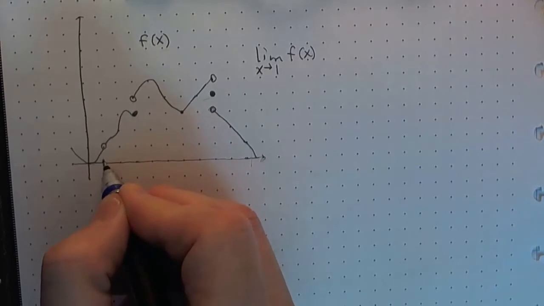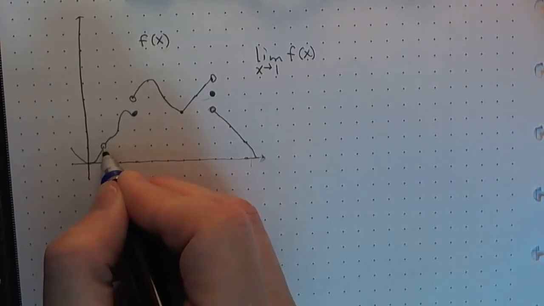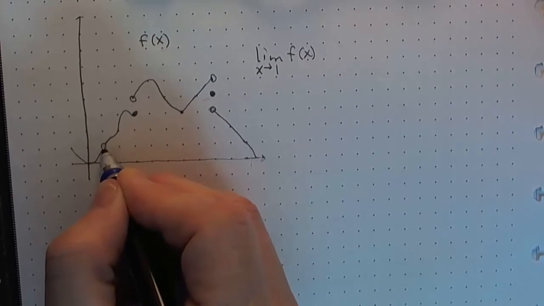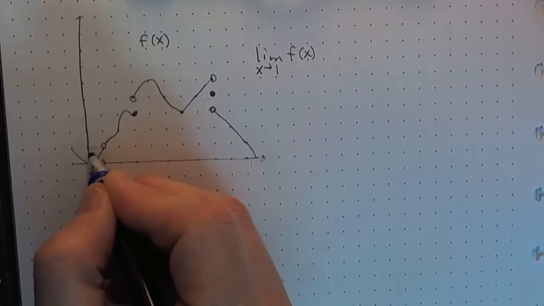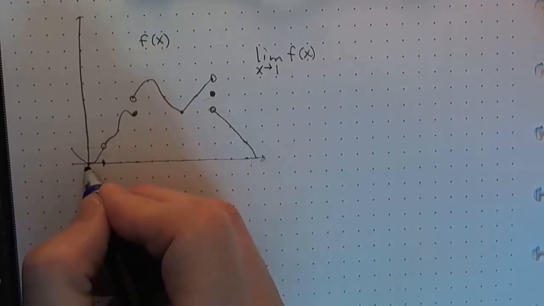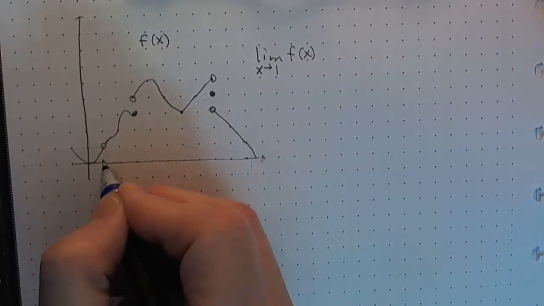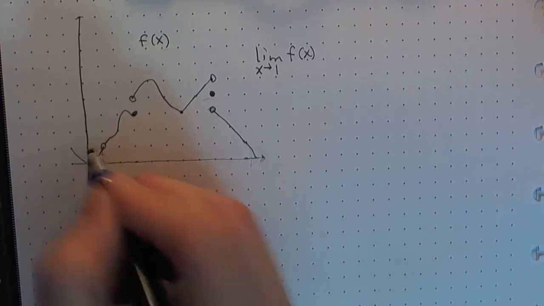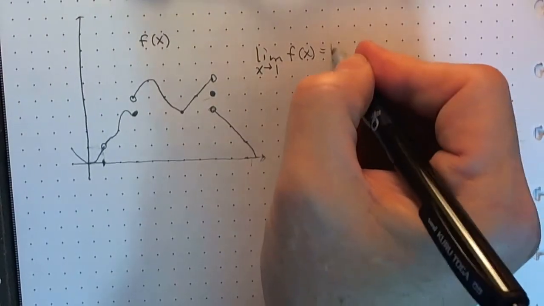So you're standing here and you go straight up until you see graph to the right. And you ask, what is my height there? Well, the height is 1. You do the same thing as you approach from the left. You say, okay, I'm going to go up until I have graph to the left. And what is my height there? Well, 1. So this limit here is just 1.